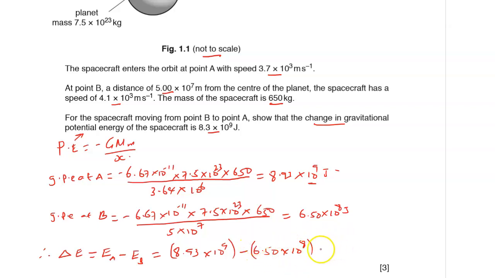When you do your correct evaluation, you'll get 8.28 times 10 to the power 9, which is approximately equal to 8.3 times 10 raised to power 9 joules, what we were supposed to show right there.